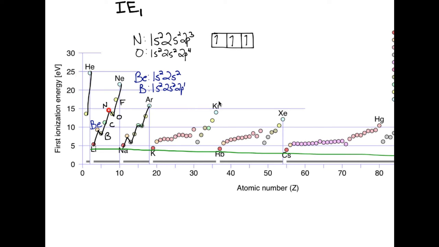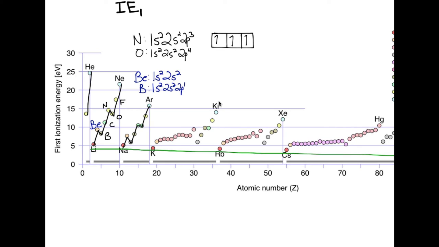Nitrogen here is anomalously high because these 3 electrons placed in those 3 orbitals impart this stability. It is energetically stable to have all of your electrons represented in an equivalent way. In other words, to have all of your orbitals symmetrical, in this case, half full.